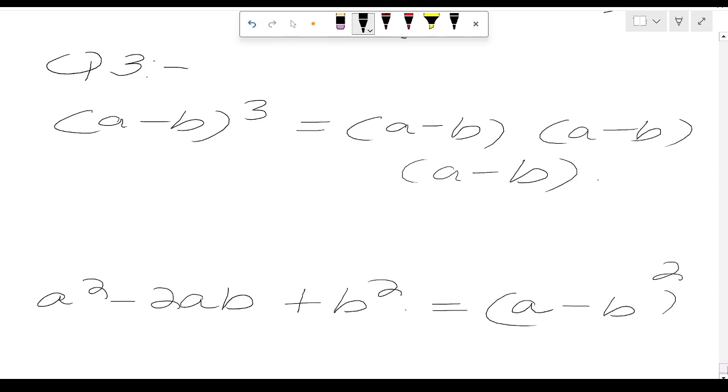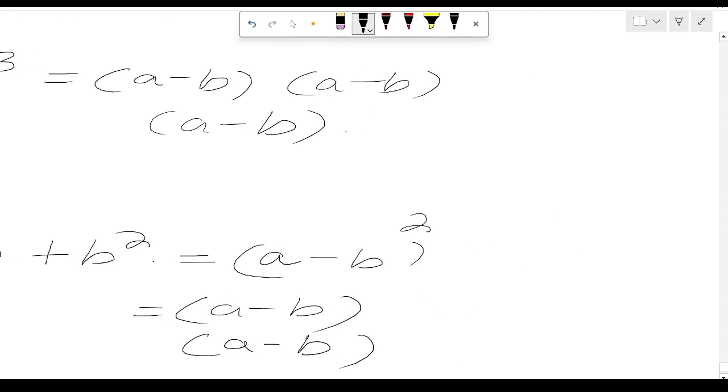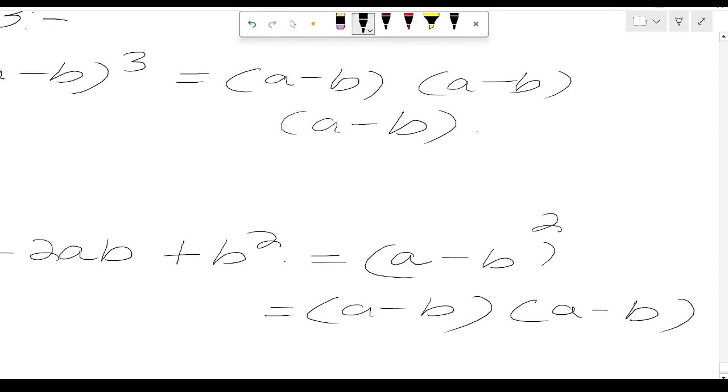So here if we simplify it much more further, it will be a minus b and a minus b 2 times.